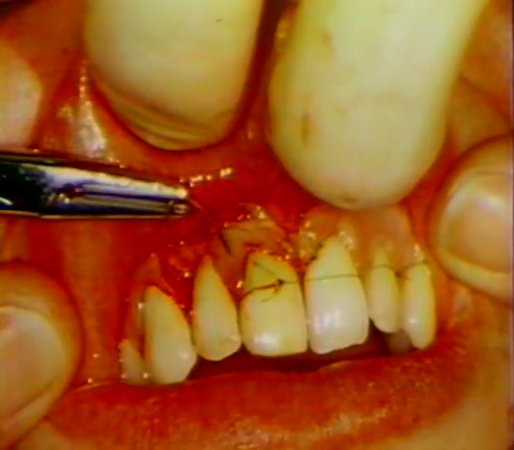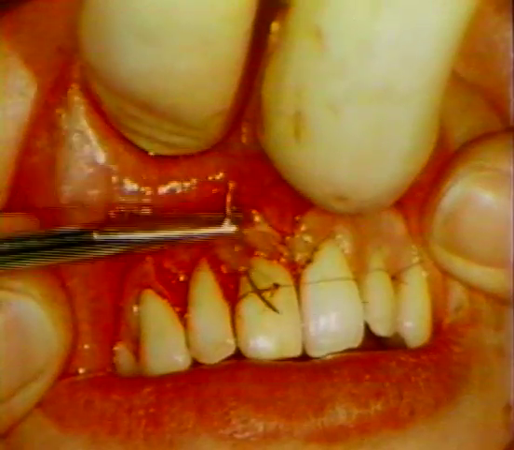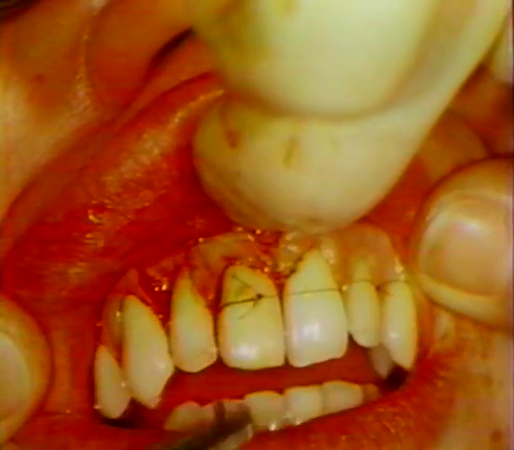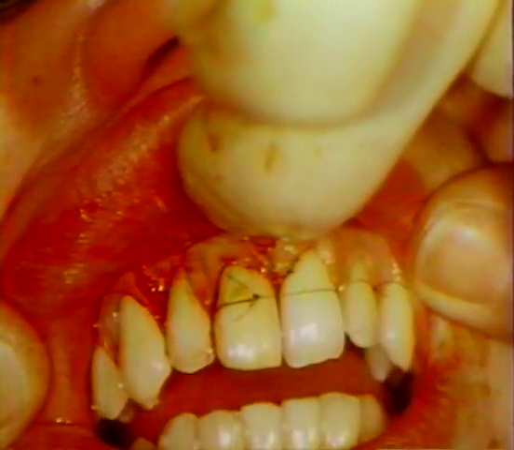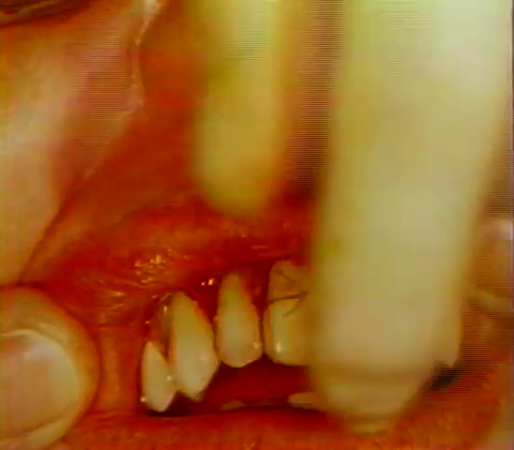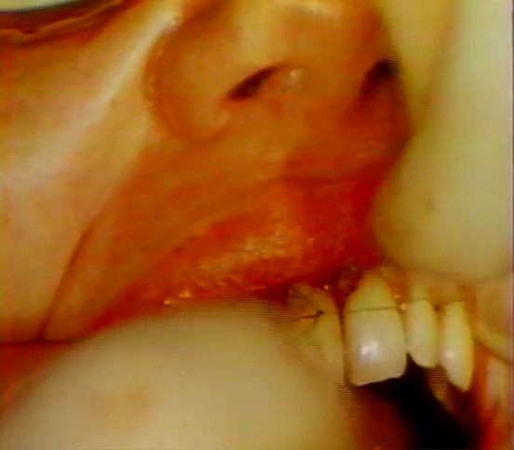Still another suture is placed through the distal aspect of the flap and carried to the palatal side through the right central lateral contact.